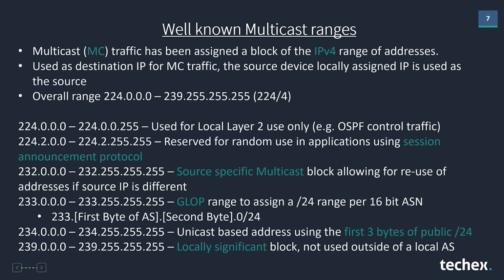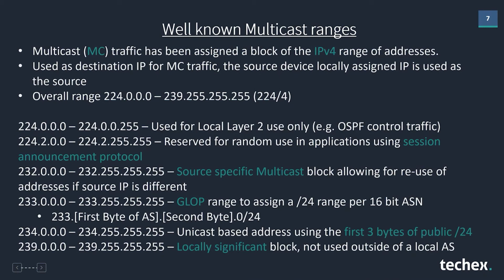There is also a specific range reserved for random use in applications. An example of that is Session Announcement Protocol. Basically, what it does is announce conferencing. Video conferencing systems use session announcement protocols to advertise, hey, I have this conference going on, you can join here, and that's done via multicast.